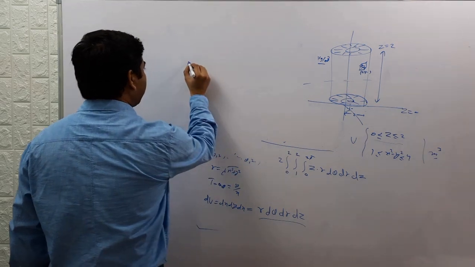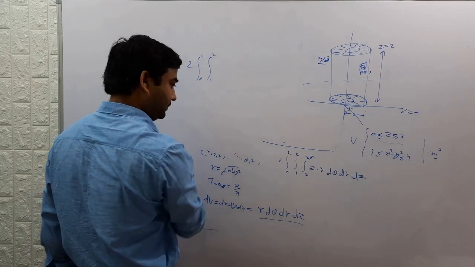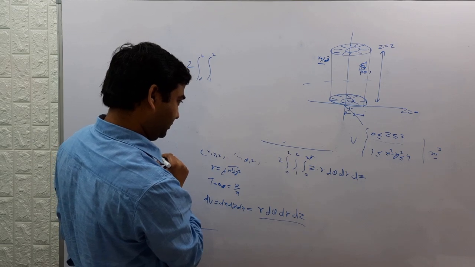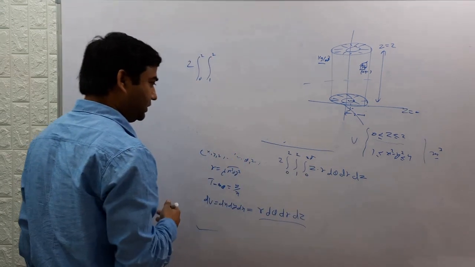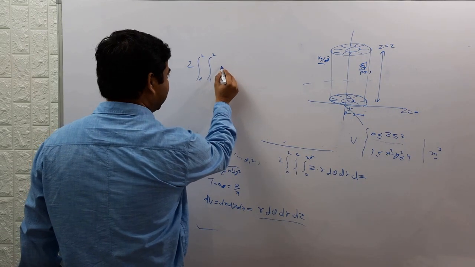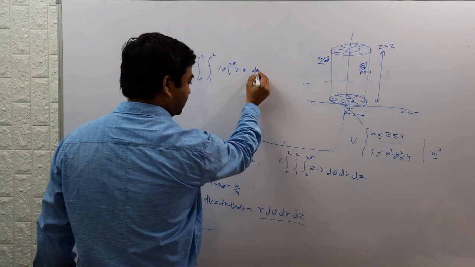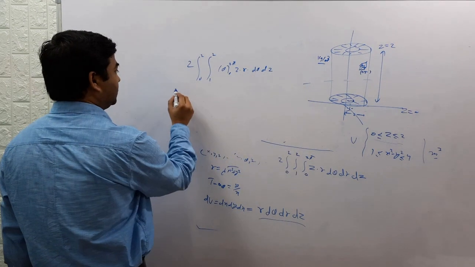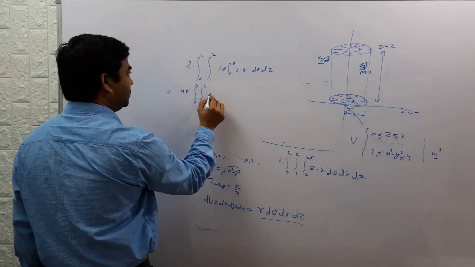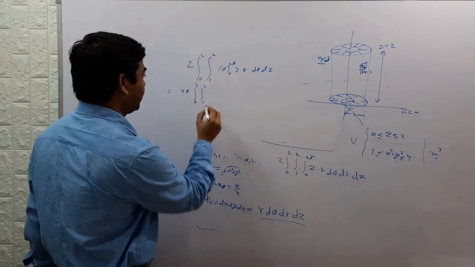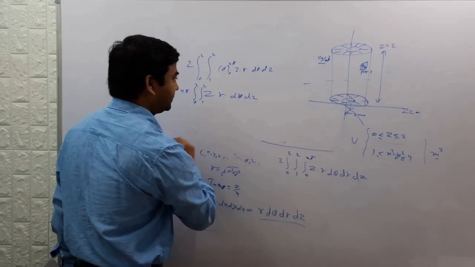From Leibniz theorem we can integrate in any order: z from 0 to 2, r from 1 to 2, theta from 0 to 2 pi, of z r d theta dr dz. The theta integral gives 2 pi, so with the 2 outside this is 4 pi times the integration from 0 to 2, 1 to 2, of z r dr dz.